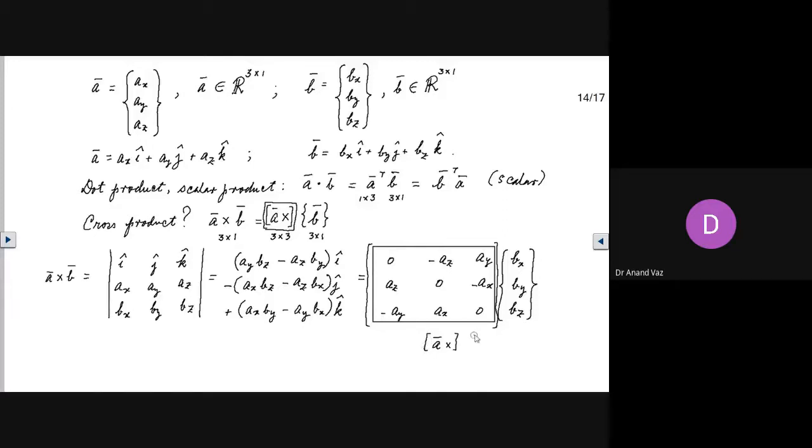If you look at the structure of this matrix, you will see that the diagonal elements are 0 and the off diagonal elements are anti-symmetric. There's minus az here, az here, ay here, minus ay here, minus ax here, ax here. So one thing is absolutely clear, that it is a skew symmetric matrix. So A cross is a skew symmetric matrix.